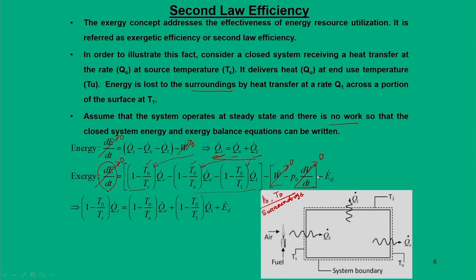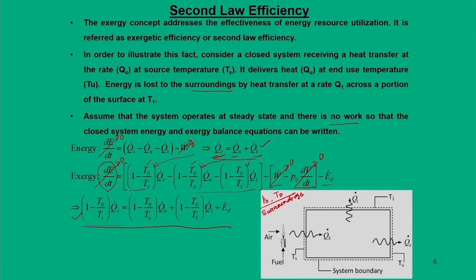Now, by neglecting these terms and rearranging these expressions, we arrive at the expression for Exergy. If you look closely between this energy relation and Exergy relation, you can find out that in the Exergy relation there is a corresponding term 1 minus T naught by T that comes into picture.